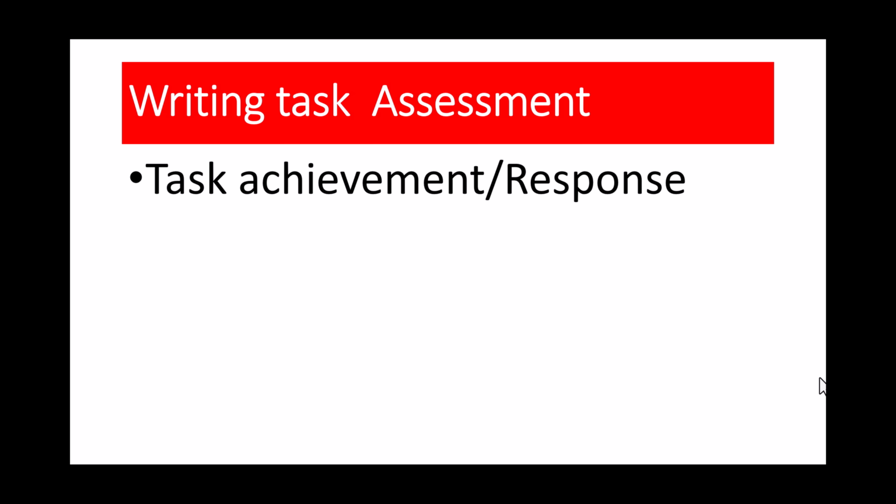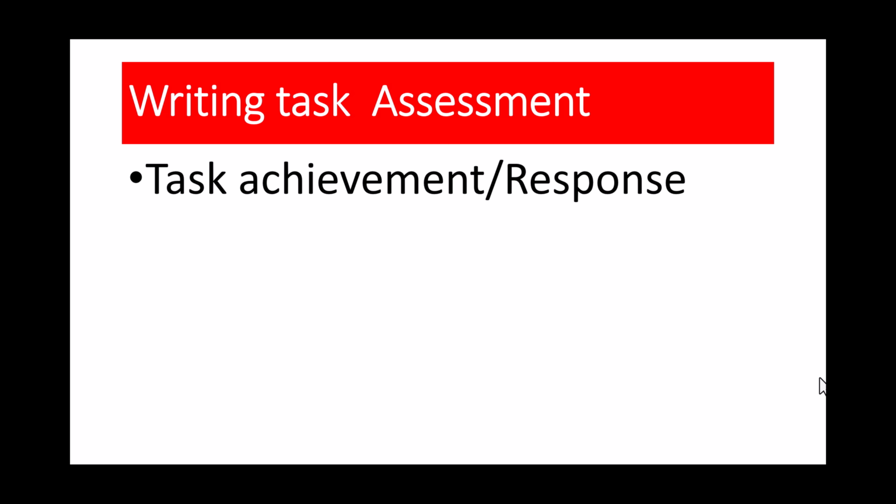Let's have a look at the 4 criteria based on which our writing task 1 and task 2 are marked. The first criterion is task achievement or task response. It means how much we have answered the question.